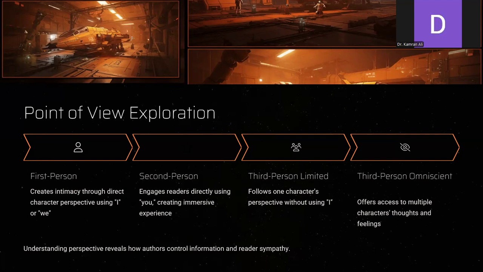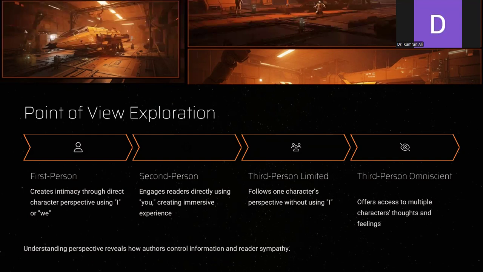So the writer writes about himself, right? And he is a part of all those things which are happening around him. Second person engages readers directly using you, creating an immersive experience. That means the reader is sort of involved in what is happening, right? The writer draws the reader's attention this way.